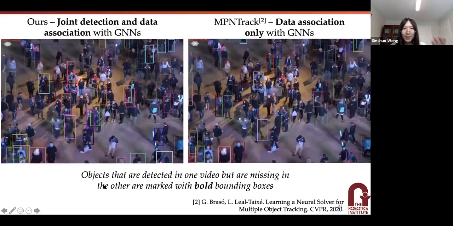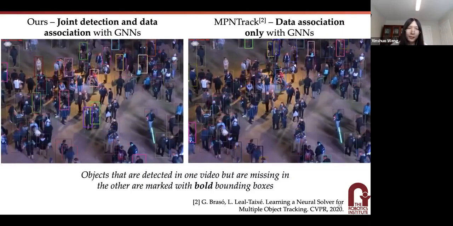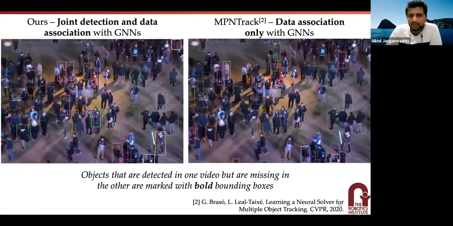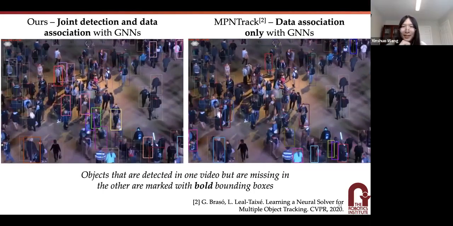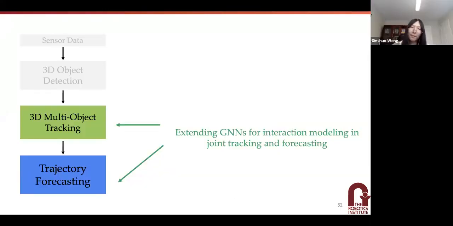And more comparison, this also compared to the neural solver. I think the second paper was presented in computer vision talks already. Learning a neural solver. Yeah, exactly. So I think that's the main thing.